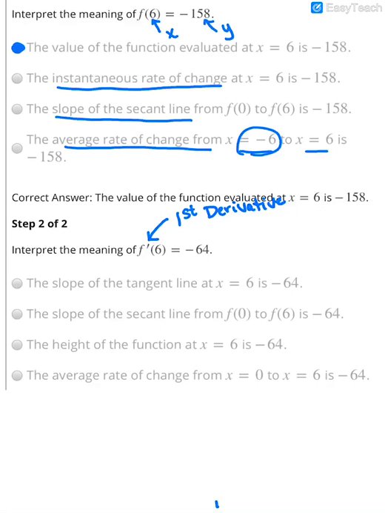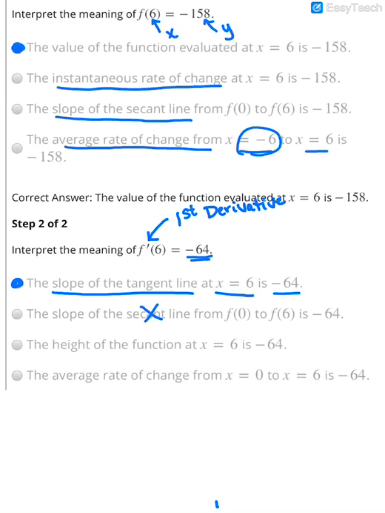And so basically what this is telling me is that my instantaneous rate of change when x is equal to 6 is negative 64. Or in other words, it's talking about the slope of a tangent line. So that's the same thing as to say the slope of the tangent line at x is equal to 6 is negative 64. Again, we're not doing anything with secant lines here.